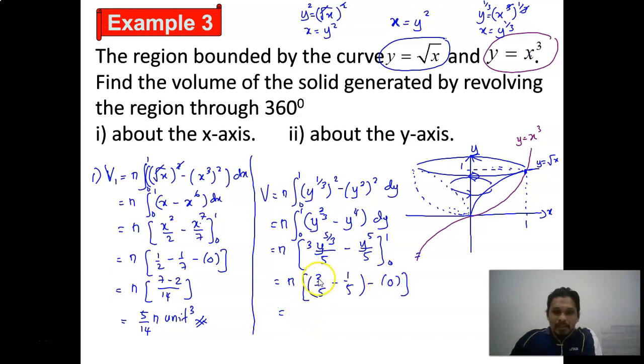So 3 minus 1 over 5, which is 2 over 5 pi unit cube. So 2 over 5 pi unit cube.